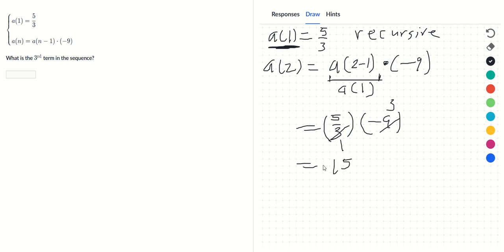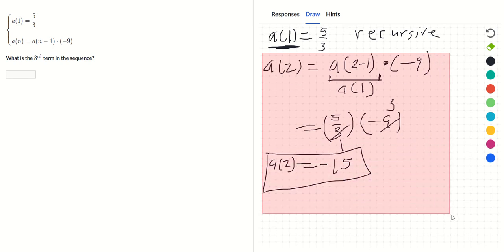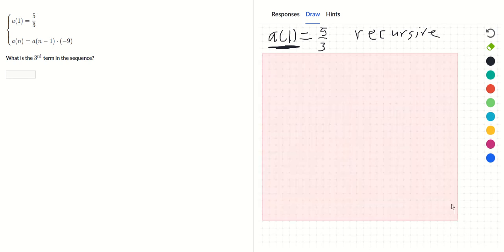So negative 15. A of 2 is negative 15. You can pause the video if you didn't understand one of the steps. A of 2 equals negative 15.